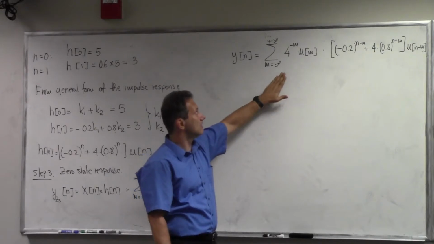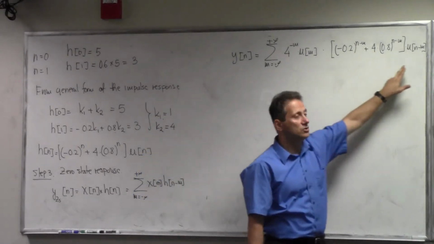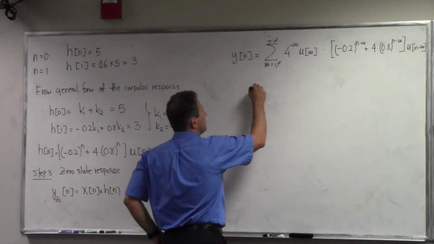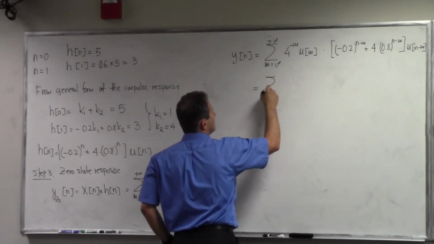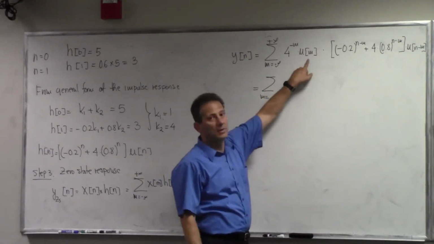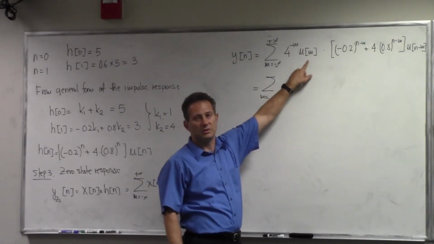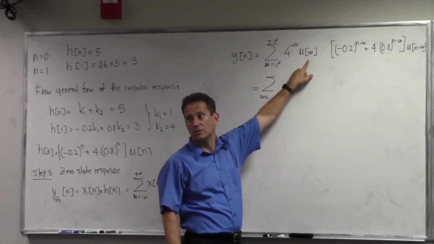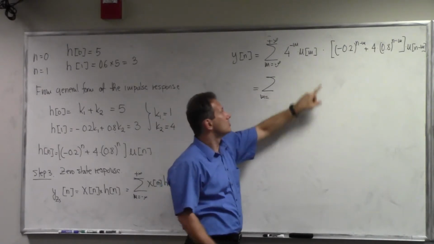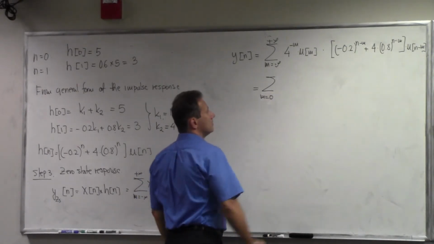And the simplification comes from realizing what these u functions are going to cut out. So this summation here simplifies. Now this u of m says you don't need to sum anything before 0. Why? Because when m is smaller than 0, this u will make it 0. So I sum from 0 here.